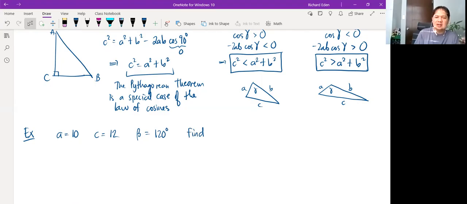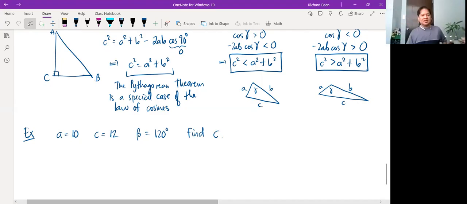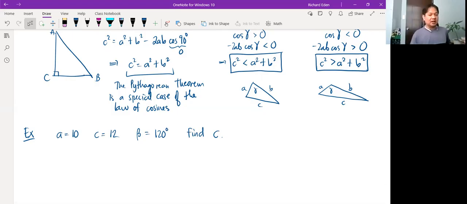Find the length of C. Actually, because we're using a special angle here, it's possible to figure out the length of C without using, sorry, find the length of B.